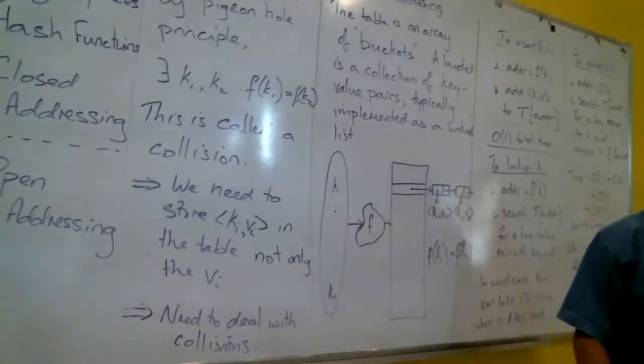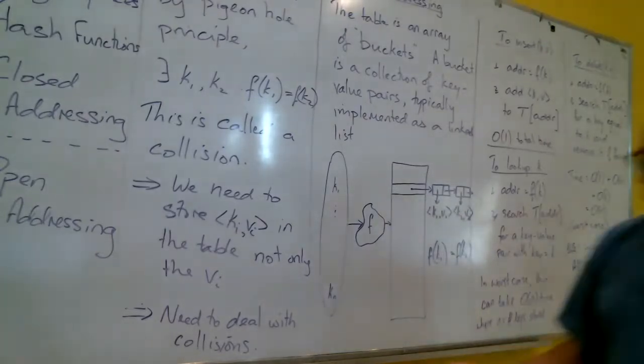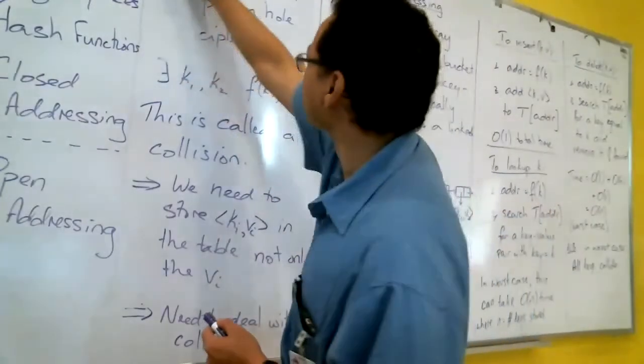And if we do have it, then in that case, what will be the average number of elements in that list, in each bucket? If I have a table size of H and I have n elements stored, it should be n over H, right?